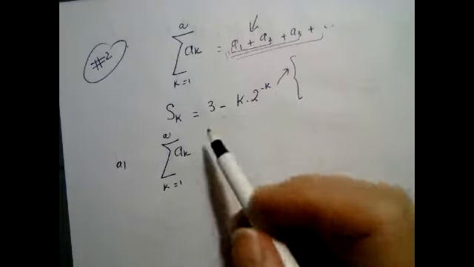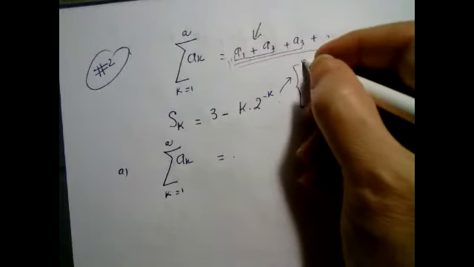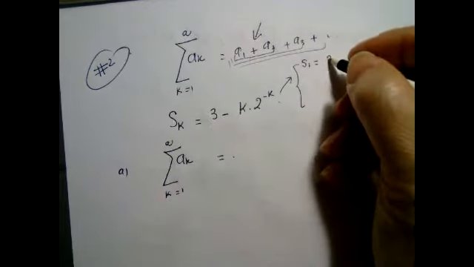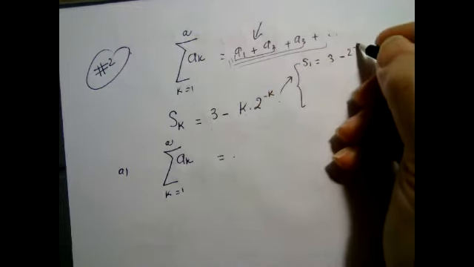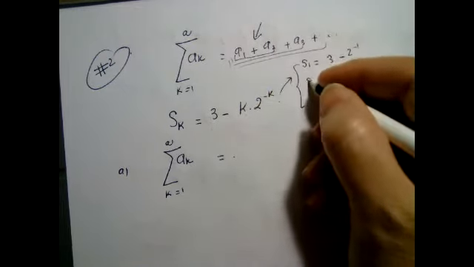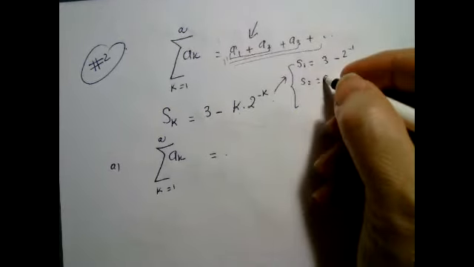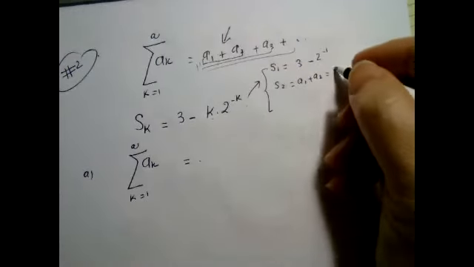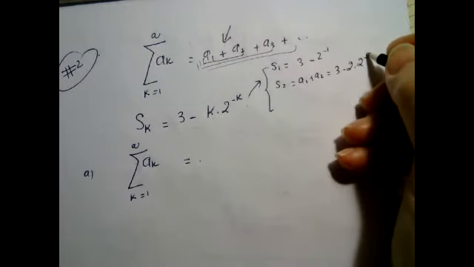Let us interpret what it means that S_k is equal to that. What is S1? It's the first term. S1 is 3 minus, putting in 1 here, 1 times 2 to the minus 1. What is S2? That's really what it means. S2 means a1 plus a2. It's equal to 3 minus 2 times 2 to the minus 2.